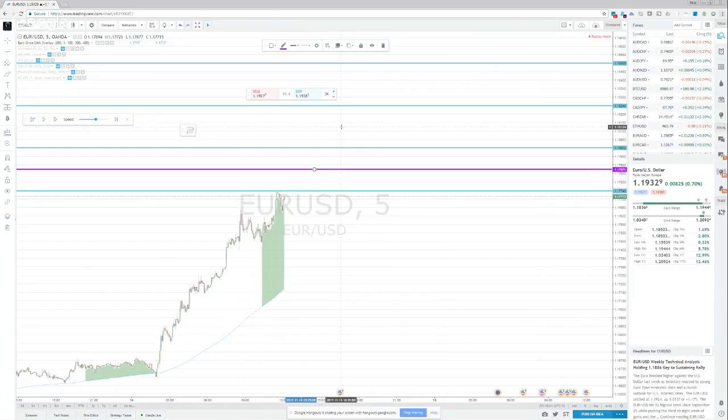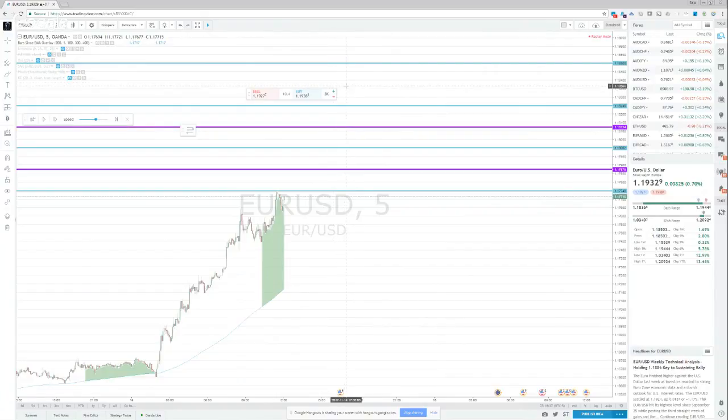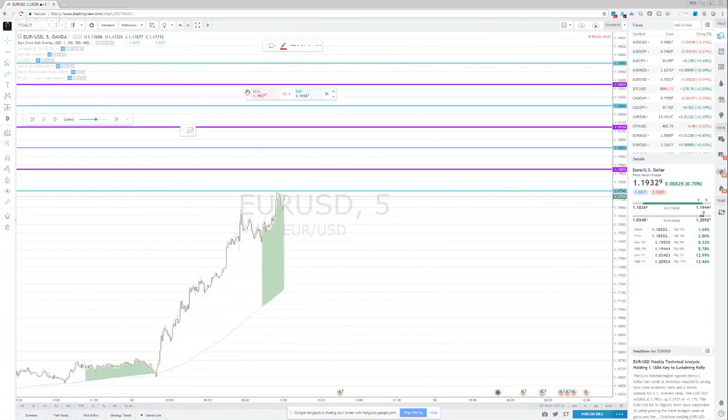I like purple today. All right, let me try it again. And there you go. So my target is always 10 pips.